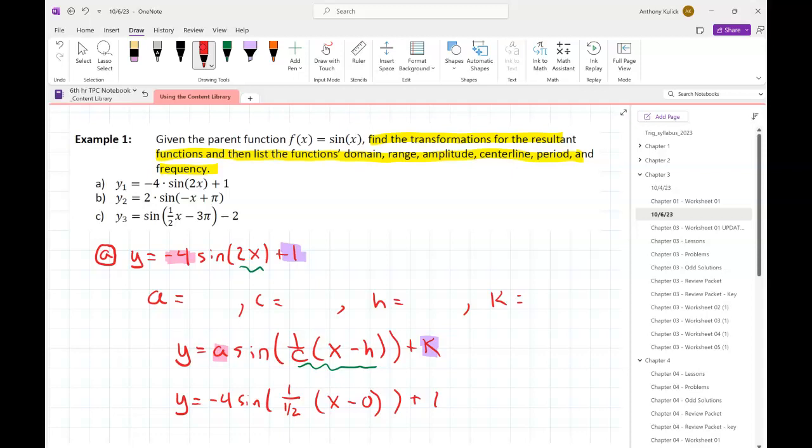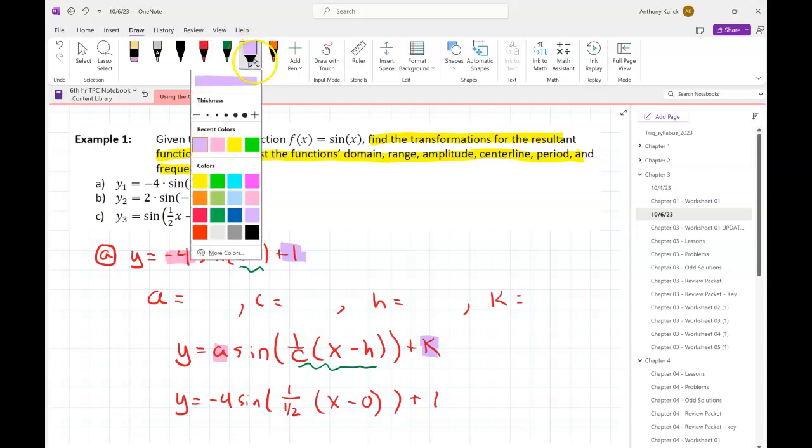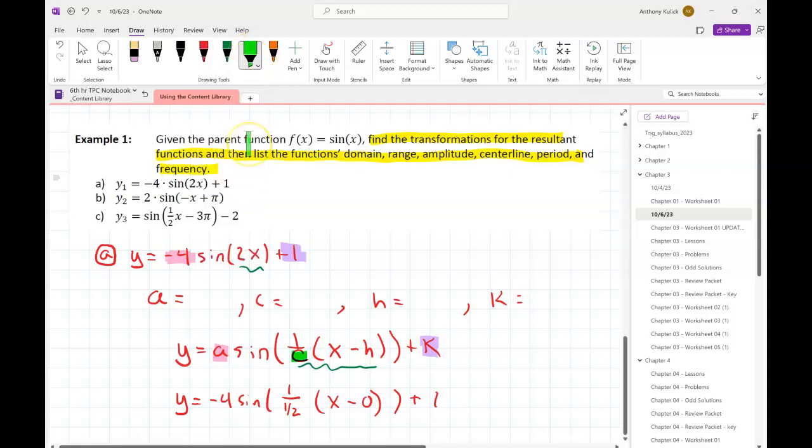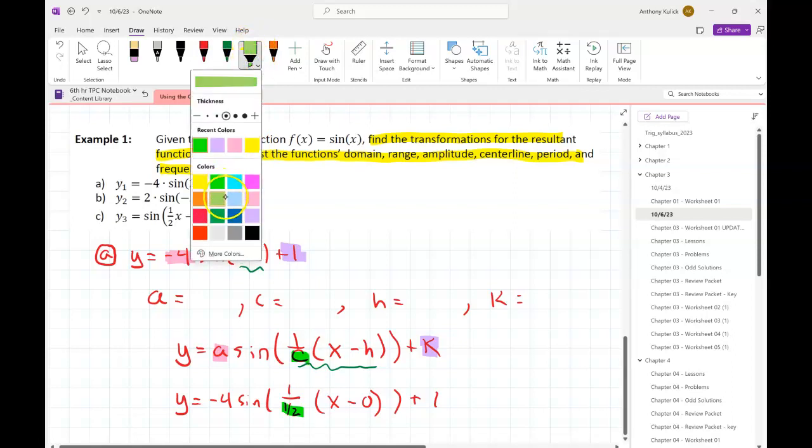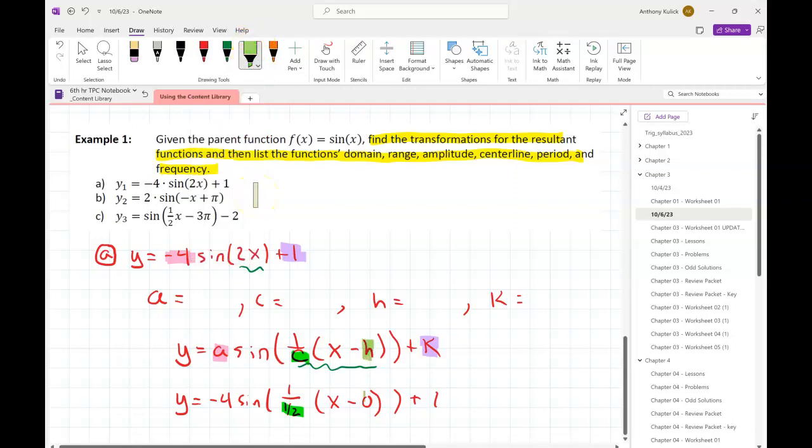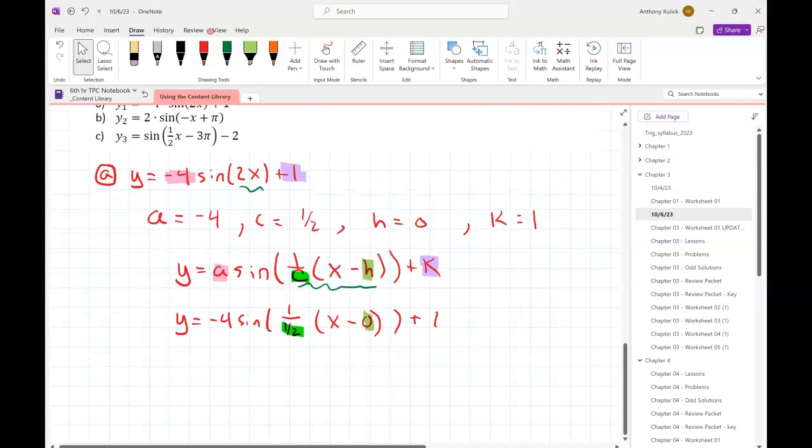And now it's easy to see that c has to be 1/2 and h has to be 0. So far, so good?